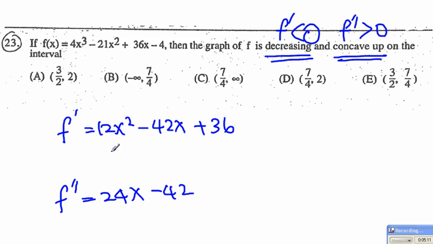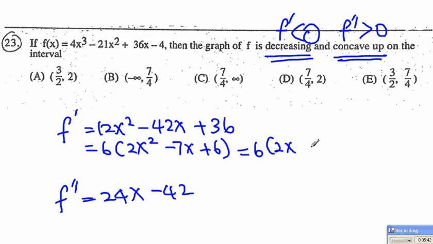Now, when you factor this one carefully, we will realize that the common factor is 6. So we get 2x squared minus 7x plus 6. Now, when we're trying to factor this one, this will be equal to 6 times 2x and x.